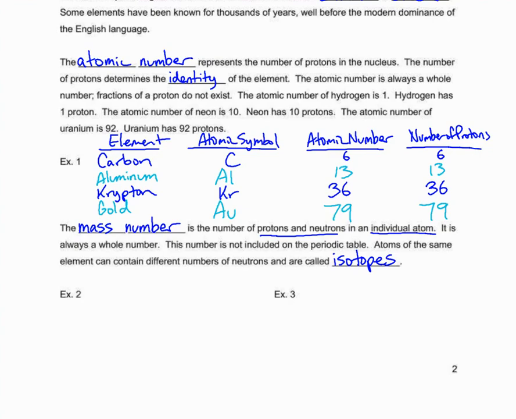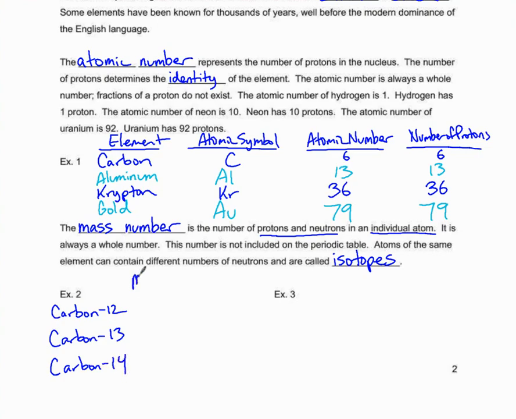So we're going to look at two different elements that have several isotopes. For this one, we're going to look at carbon. Carbon has 3 isotopes. The first one is carbon-12. There's carbon-13. And there's carbon-14.